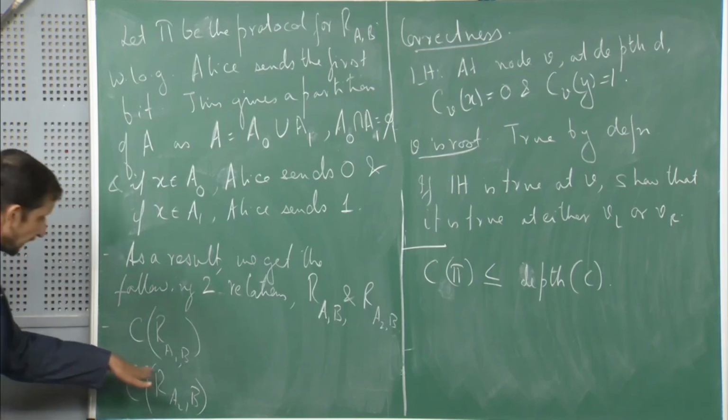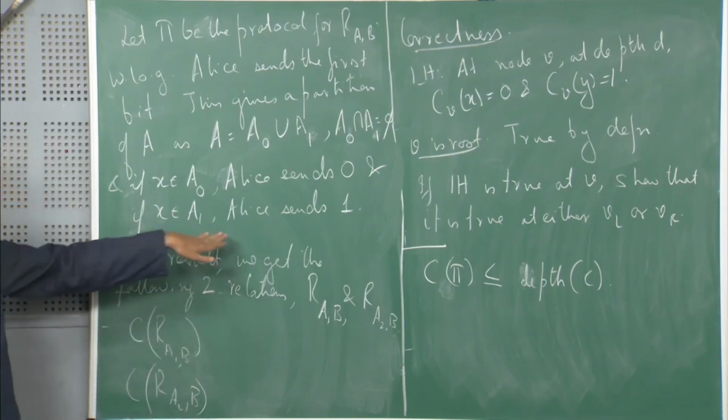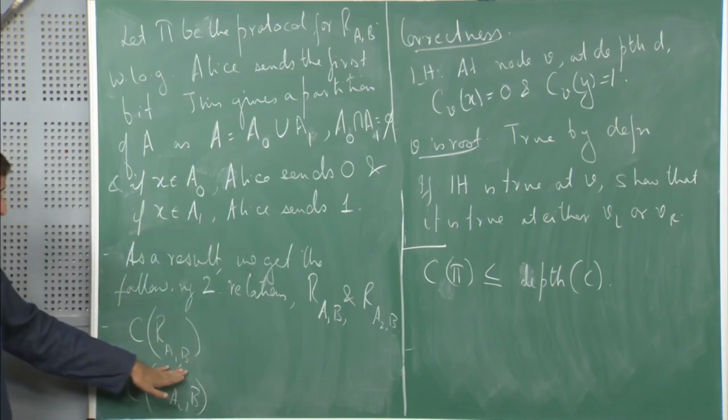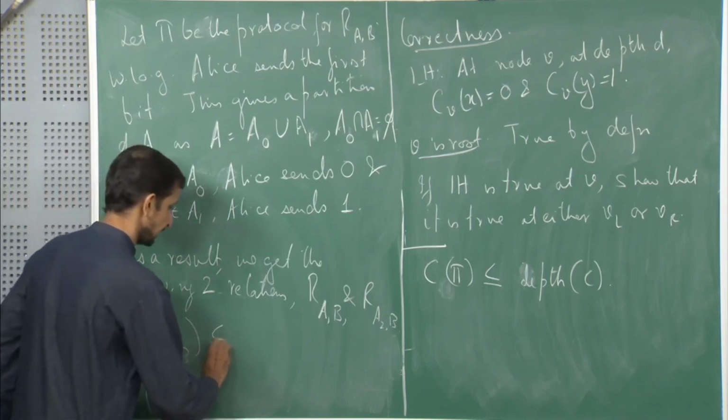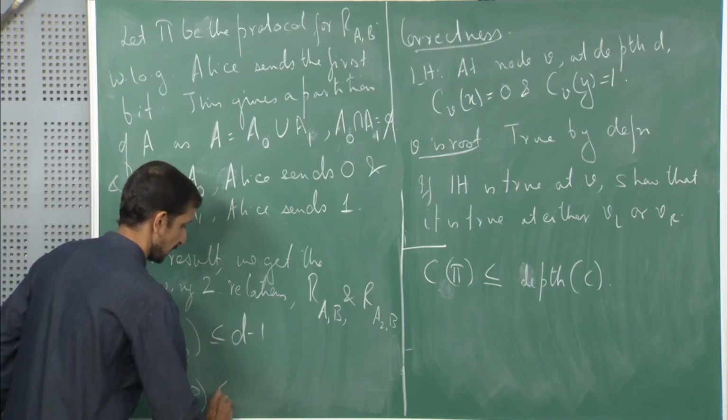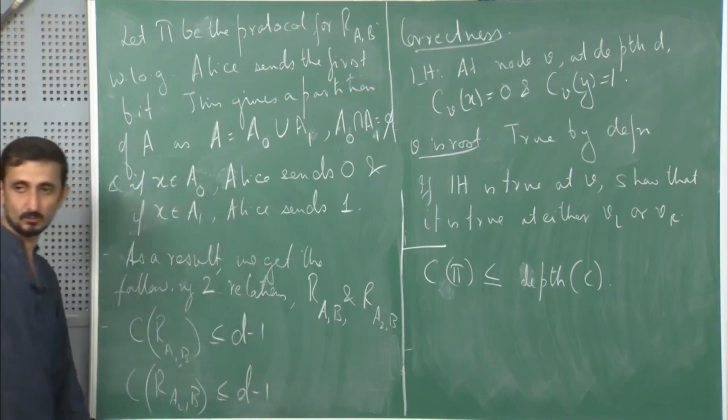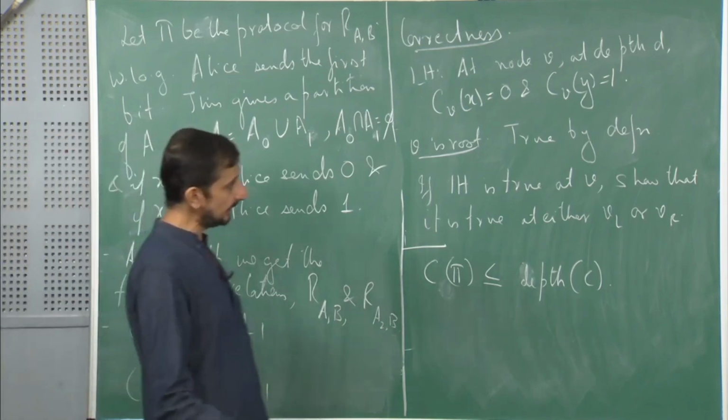Well, now what we know is that, because already one bit is communicated, the communication complexity of these two relations is at most d minus 1. What else can we say?